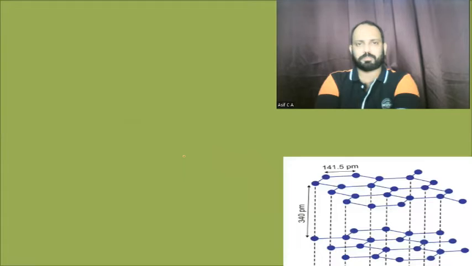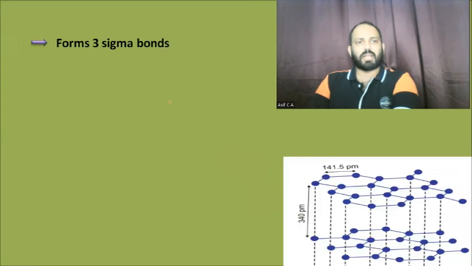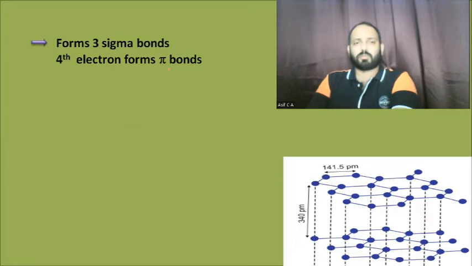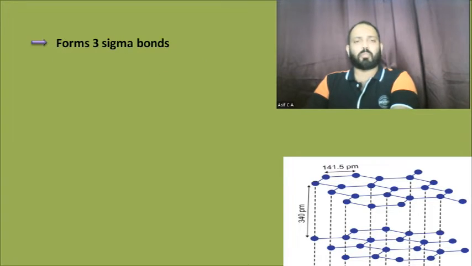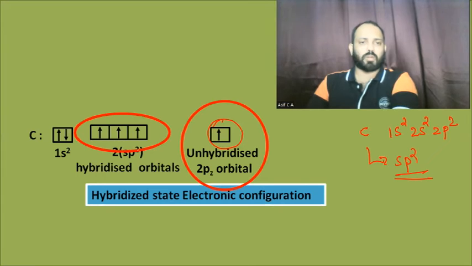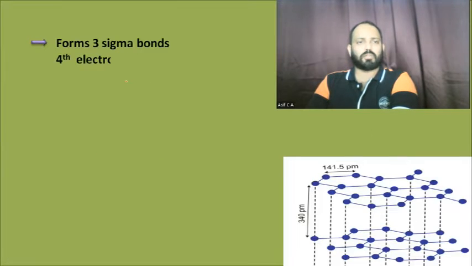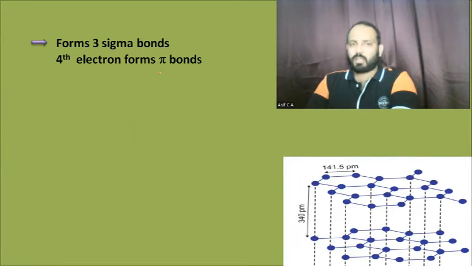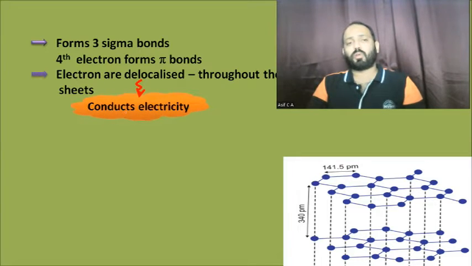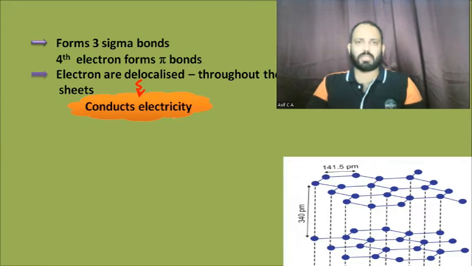Here it is. Now you can see that graphite is forming 3 sigma bonds and the 4th electron forms a pi bond. When it forms 3 sigma bonds, it has sp2 hybridization. So the 4th electron will be the pi electron. That is responsible for the conduction of electricity in graphite.